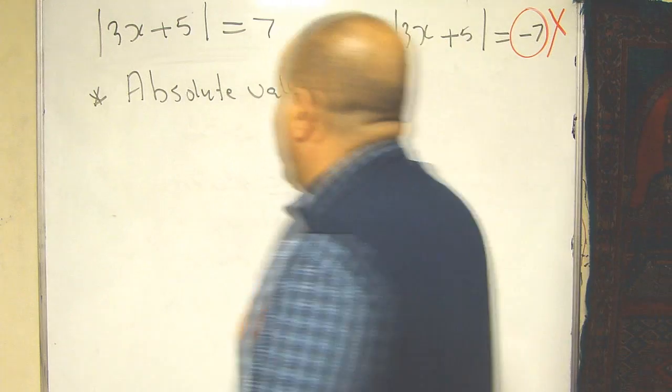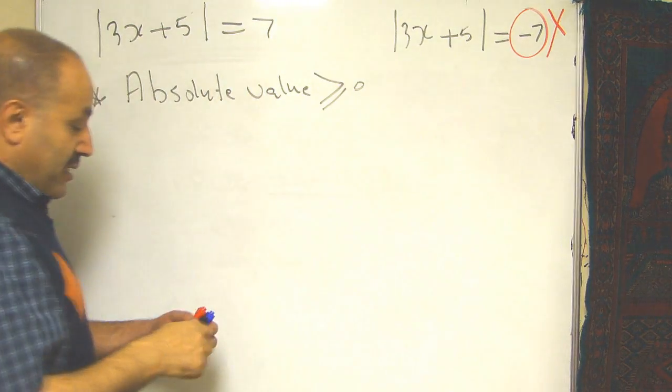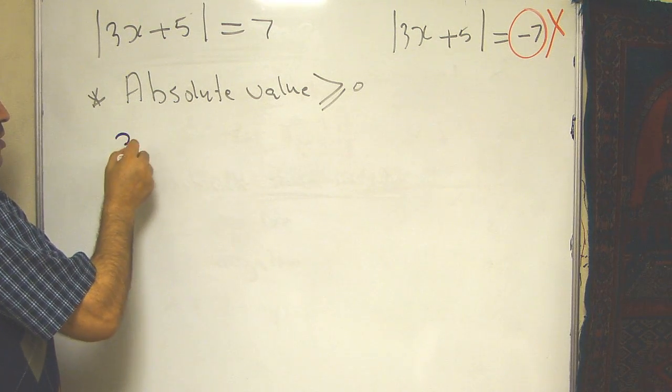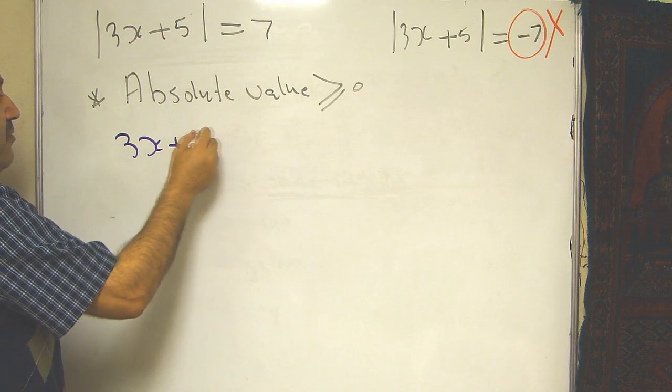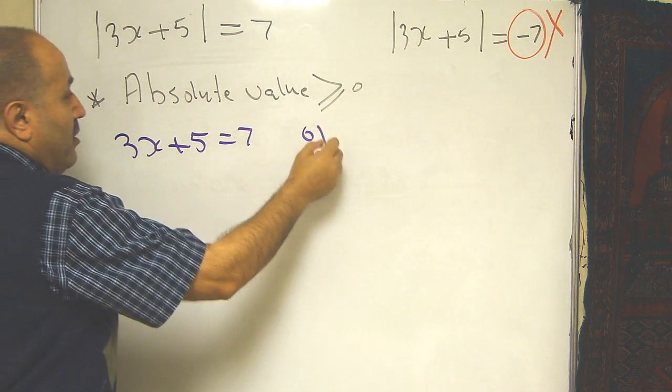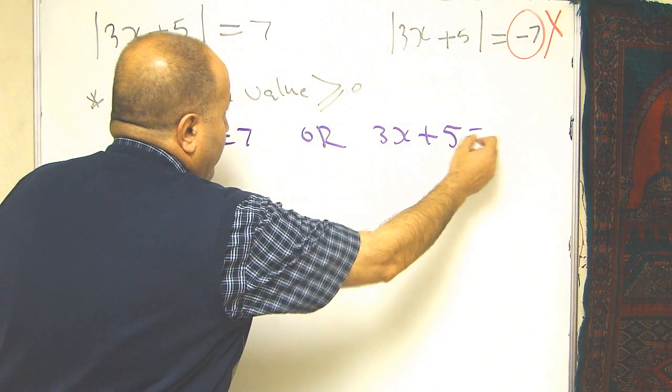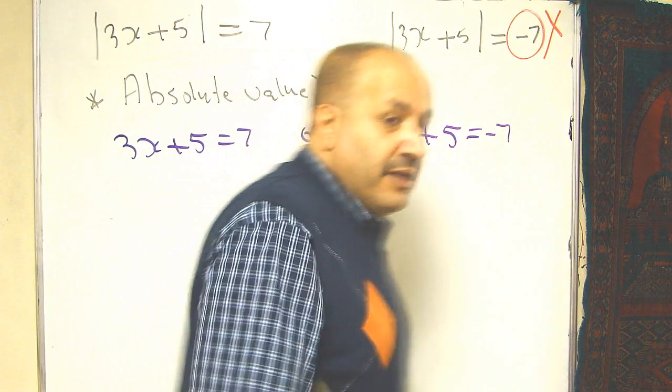So, if we want to solve this example, I will have to say either 3x plus 5 equal to 7 or 3x plus 5 equal minus 7.